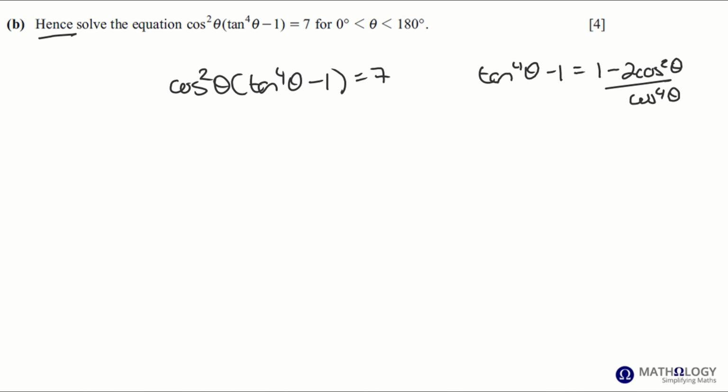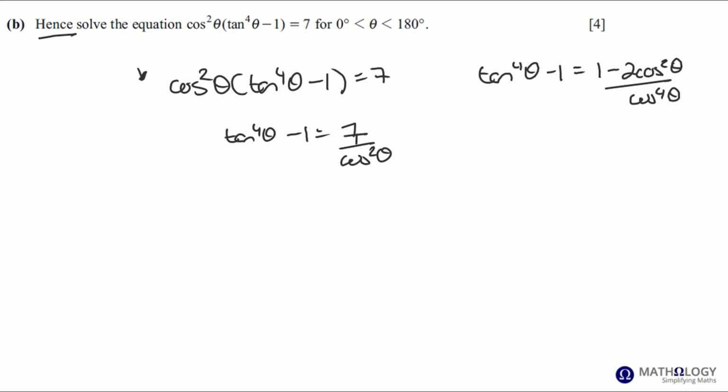Now, looking at this expression here, bear in mind we can only solve a trigonometric equation working with a single trigonometric ratio. We've got cos and tan, that doesn't help us solve the equation. So we are first going to write this as tan to the 4 theta minus 1 equals 7 over cos squared theta.